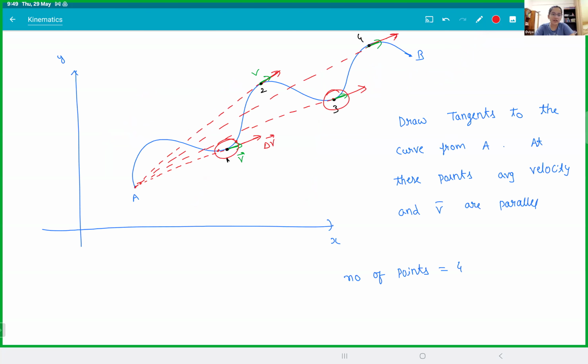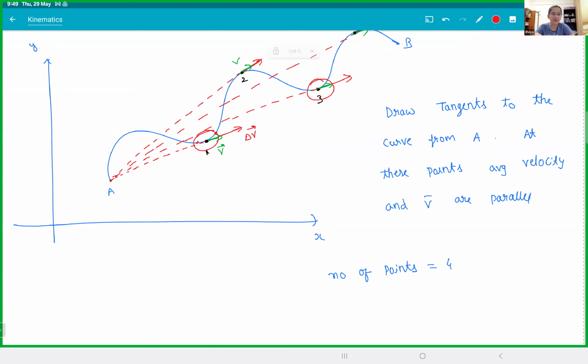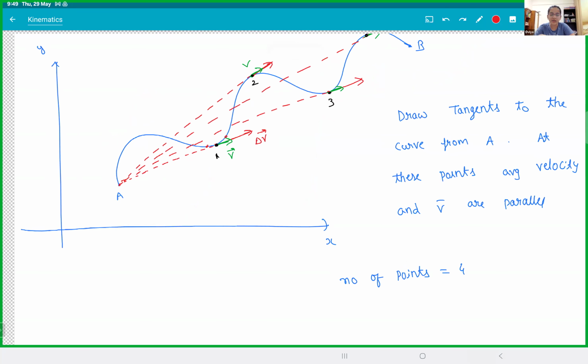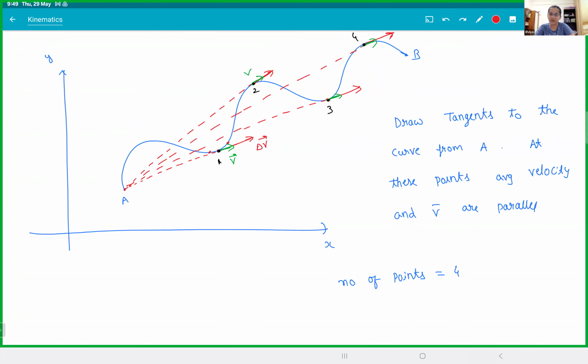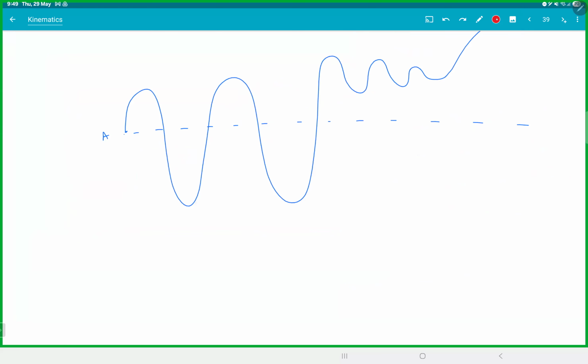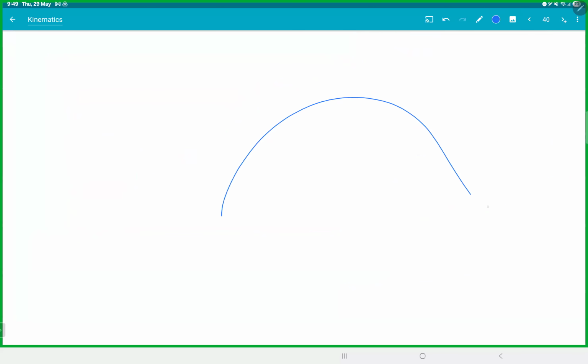But then if that is the point where the tangent is, then the velocity and the average velocity will not be parallel, right? Why not? See now. Suppose I draw something like this, and from here I draw a tangent, which is not the topmost point.